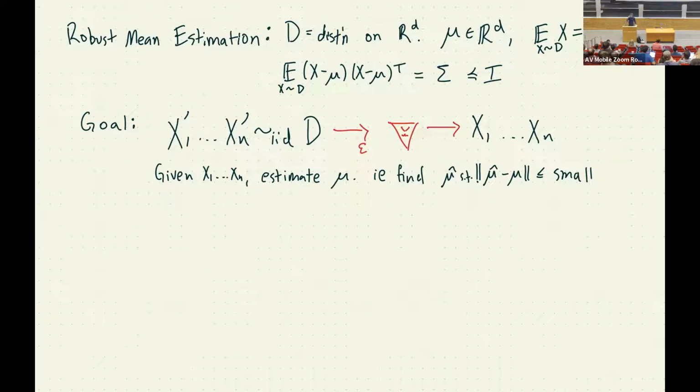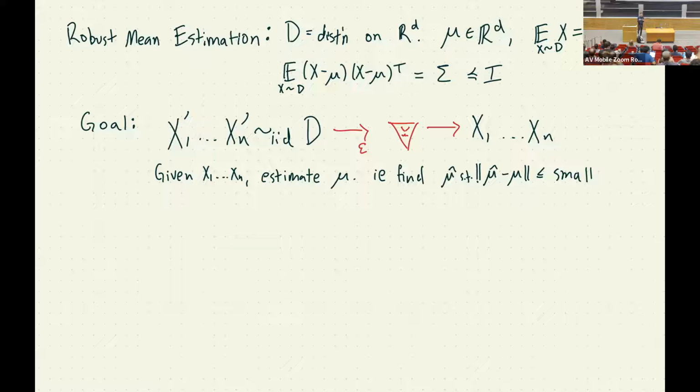So why study this model? This model dates back all the way to the 60s, actually, and it captures a few things. One is, of course, the setup as described: there's some actual adversarial contamination in samples and you want to do some useful statistics on them. But it also captures the possibility that the samples were drawn from a distribution that doesn't exactly fit your assumptions.